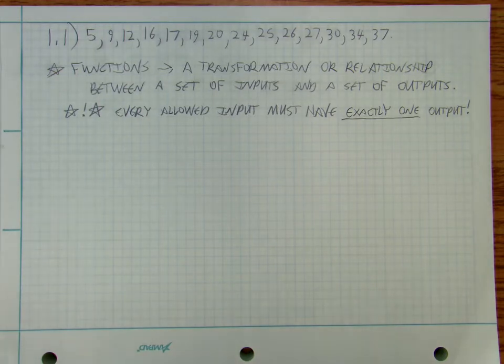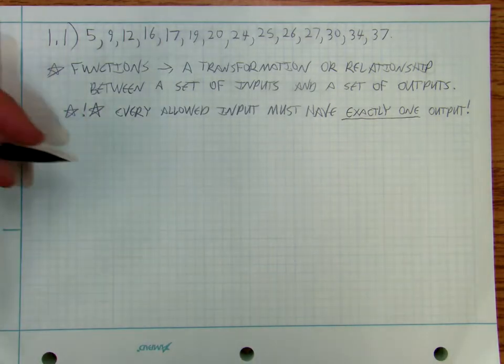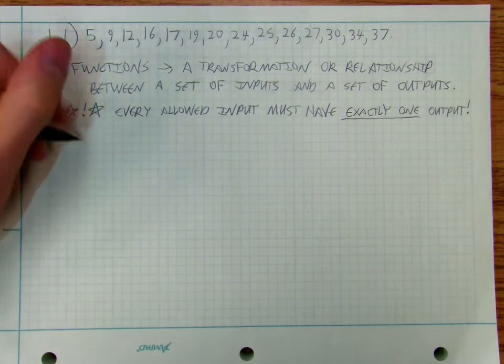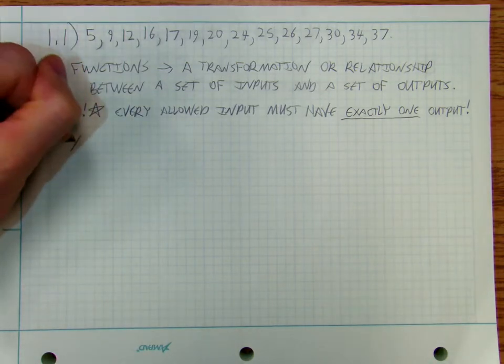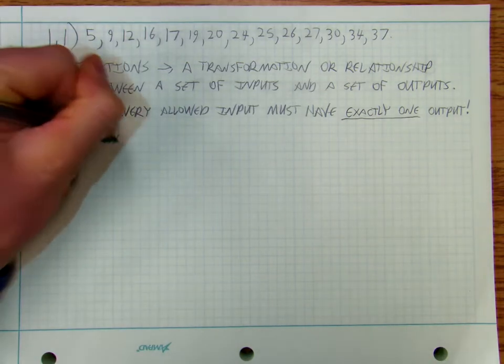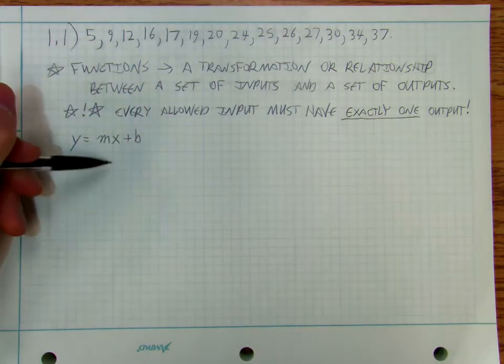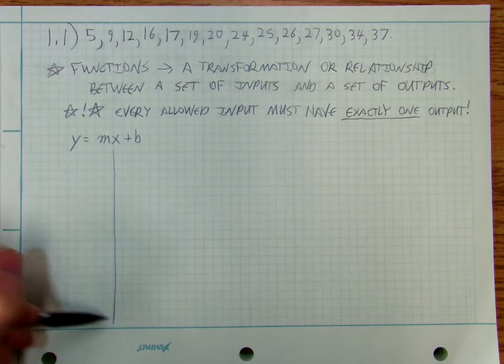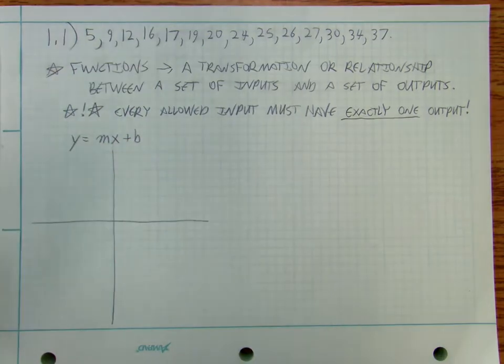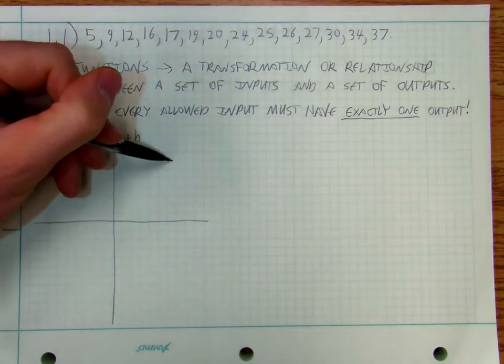So if we look at a couple of example functions, the simplest example function, and we're going to start to talk about this in a little bit, is if you've got y equals mx plus b, and so you've got some line here.